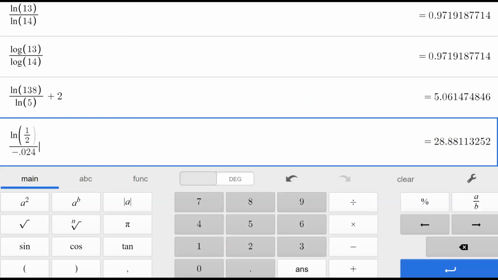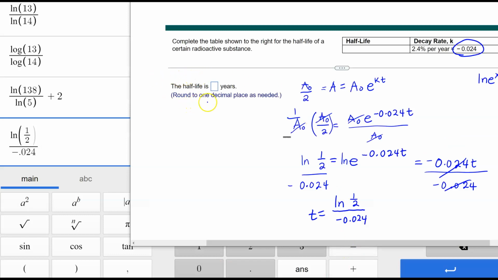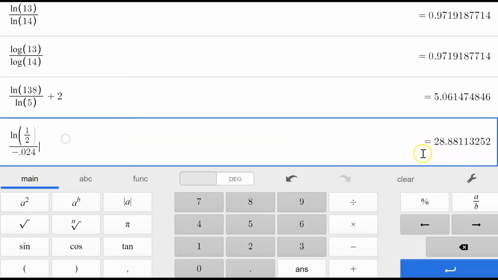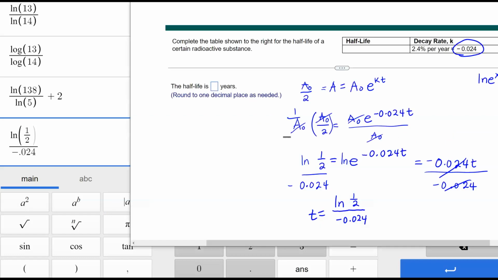We are asked to round it off to 1 decimal place. So this is equal to 28.9 years. The half-life for this substance here is 28.9 years. So you would type in 28.9 here.